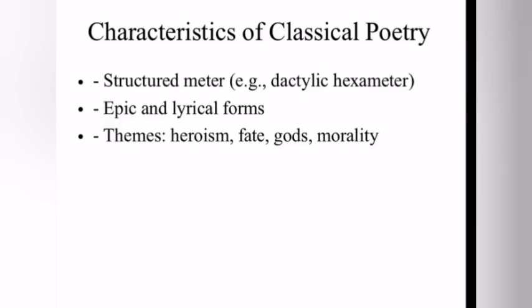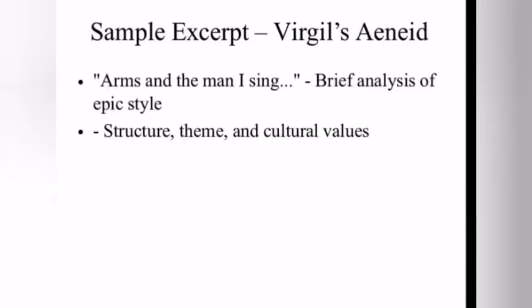And then it was epic and lyrical, in the sense that it was kind of historical. You understand? So the themes of classical poetry are heroism, faith, gods, and morality.